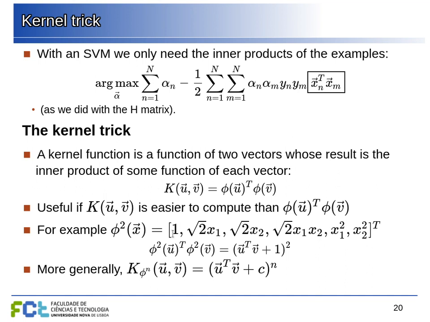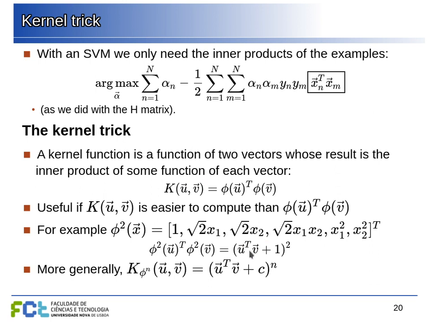But we can easily compute the result of the inner product of these two transformed vectors by using this kernel function here. So this would be just using the inner product of the original vectors and then adding 1 and squaring the result.